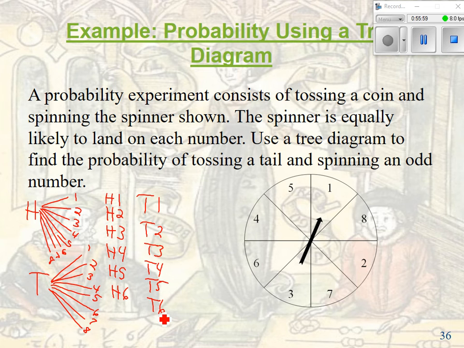And we want to find the probability of tossing a tail and spinning an odd number. So we want a tail and an odd number. How many total possible outcomes do we have? 12. We want a tail and an odd number. Is this one a favorable one?